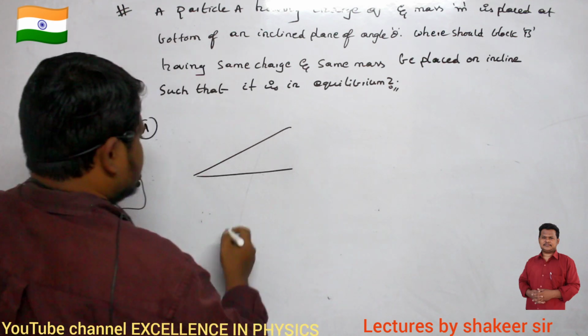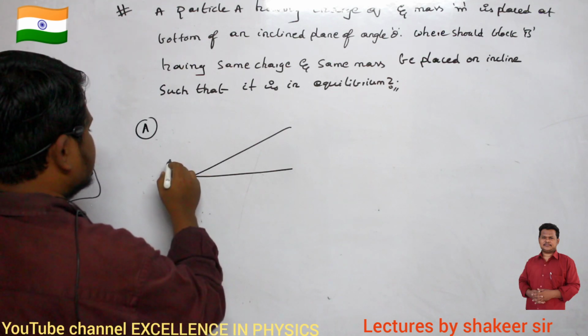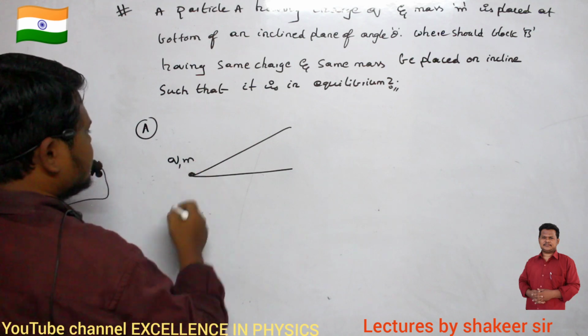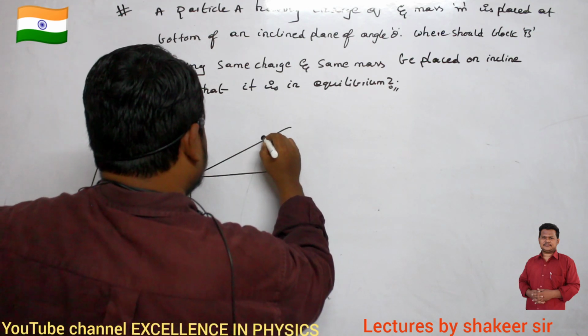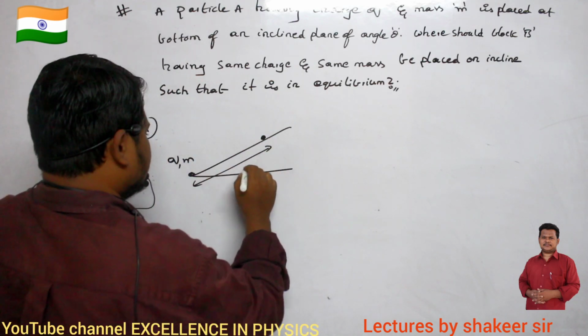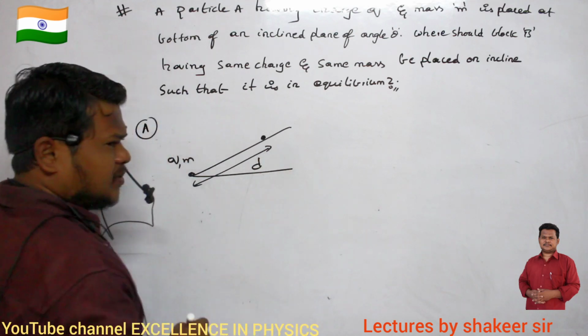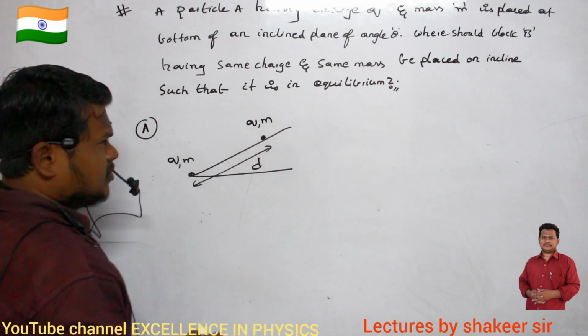Clear? So here there is a charge which has a charge of Q and its mass is m. So here we have one more charge. And what is this distance that we are supposed to find out? Let this distance be d. And its charge is also q and its mass is also m.